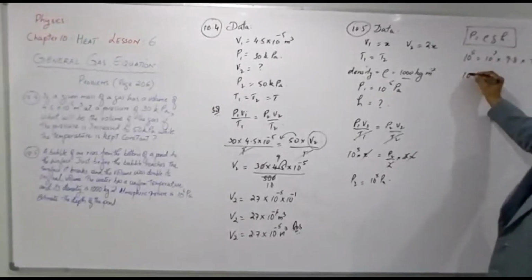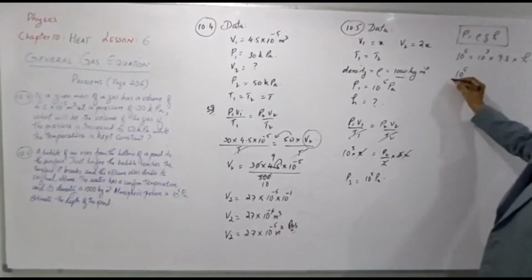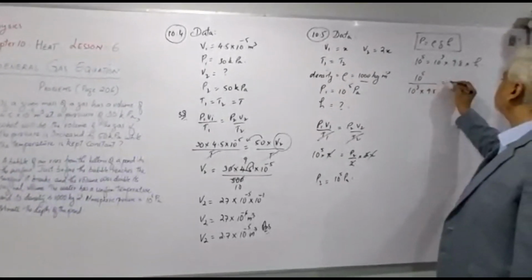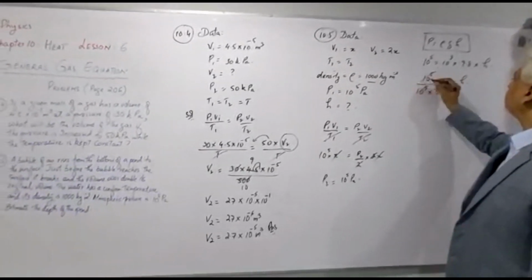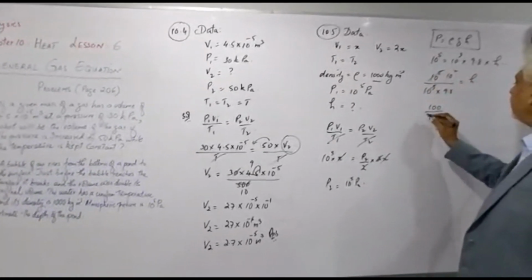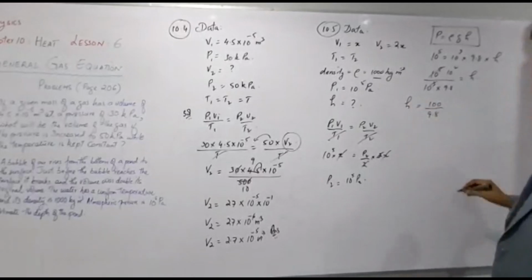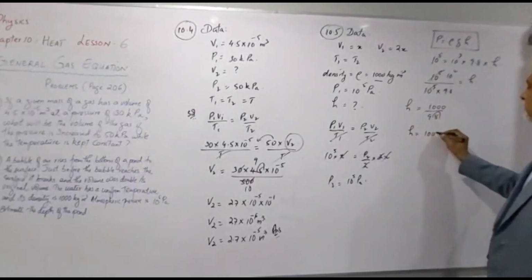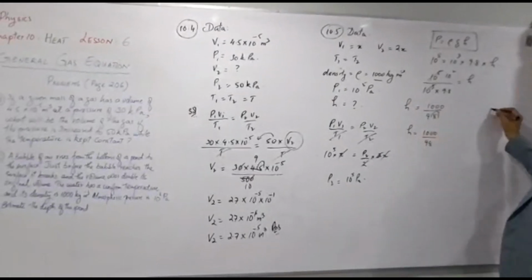So 10 to the power 5 over, this will come down here, 10 to the power 3 times 9.8 is equal to half. This will cancel, 10 to the power 2, that is 100 divided by 9.8. So let's check the decimal, one more zero here, height is equal to 1000 upon 98.